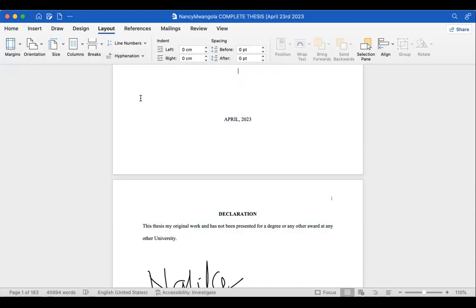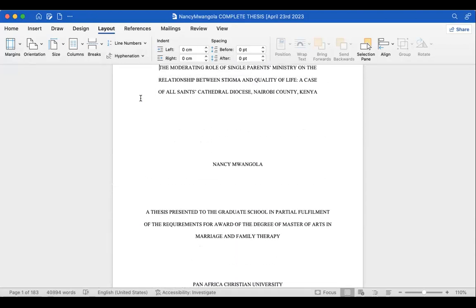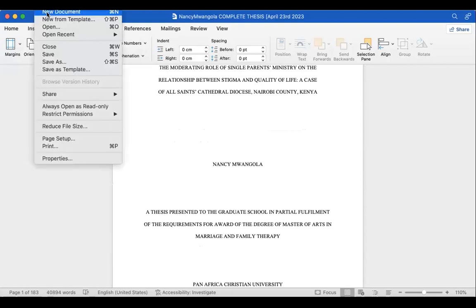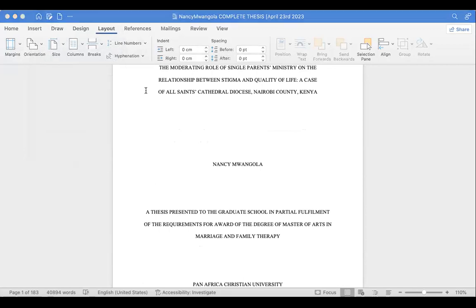So when you type, the last word will be here. And when you just start a new document here, it's normal. Do you know this document here is normal, the one I've just started? You see where the cursor is pointing? It just points there automatically.